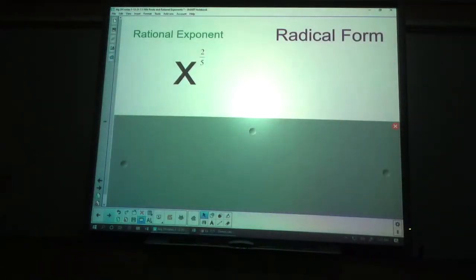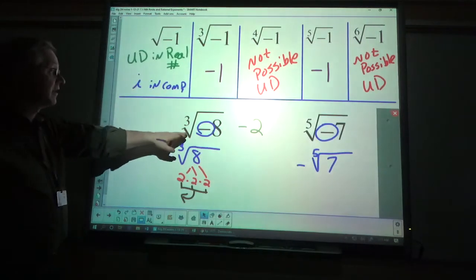Rational exponents versus radical form. Now remember, these are radicals.